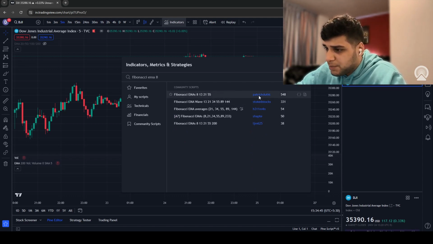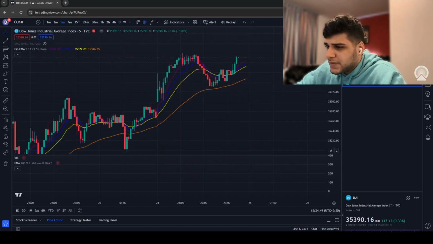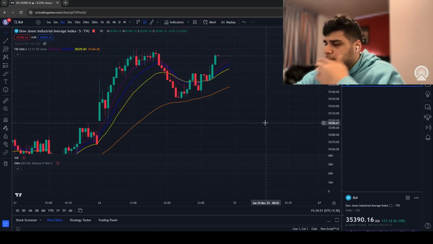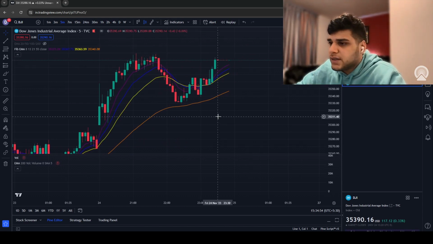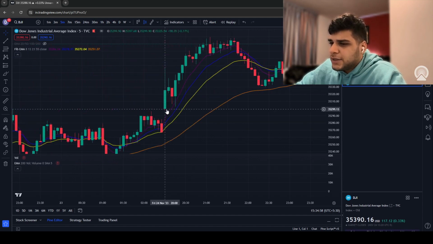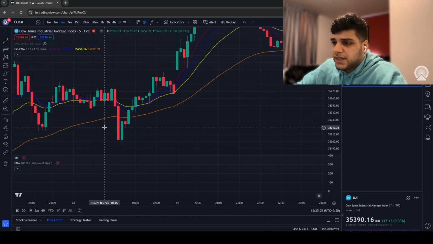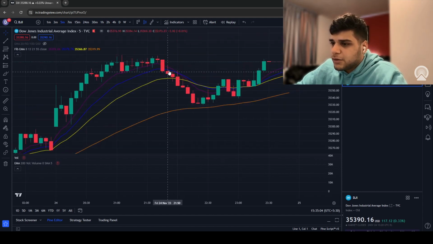This first one by Patrick.kt. You could add this one on. These are now Fibonacci numbers which react very well in the markets, and these EMAs are based on those. So then again, if you want quicker exits, quicker entries on an intraday basis, these could work out well for you.